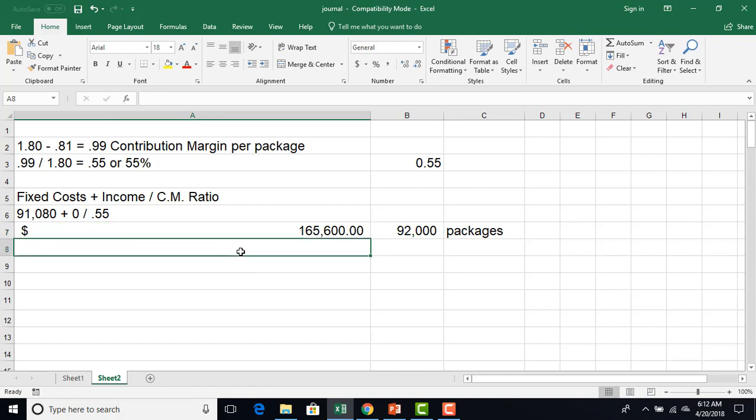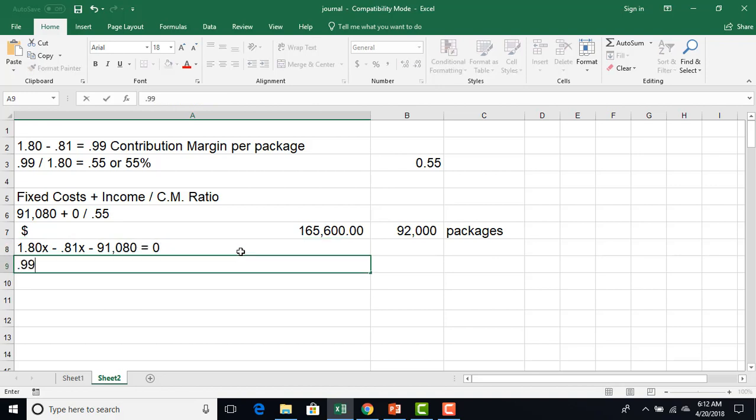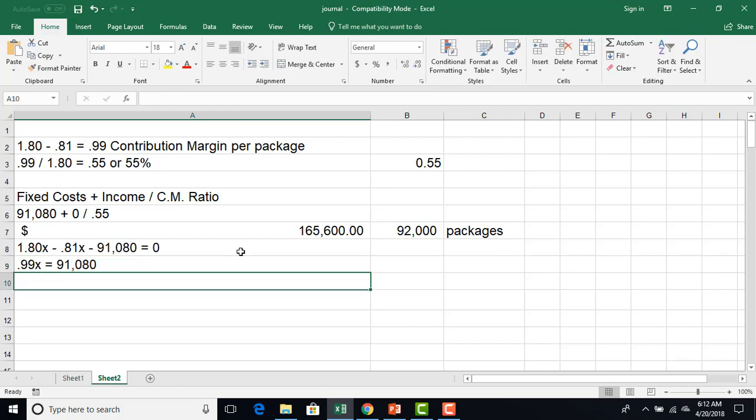Again, if I wanted to use my equation approach, I still can. It would just be 1.80x minus 0.81x minus my fixed costs of 91,080, set equal to 0. I can combine my x's and I'm left with 0.99x. I'll add 91,080 to each side, so 0.99x equals 91,080.